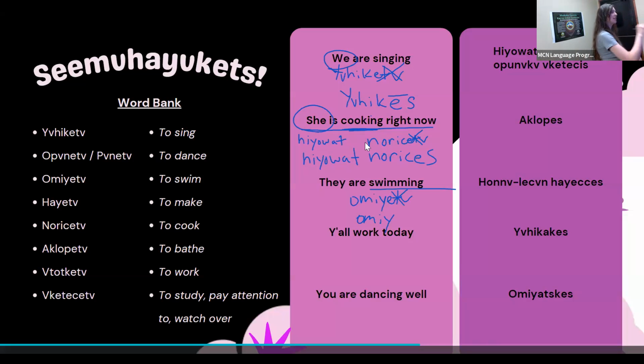So ome doesn't have it. Move forward. What do we add for they? Ake. Nice. Ake with that short E, and we add our S on the end. Omeagis. They are swimming.